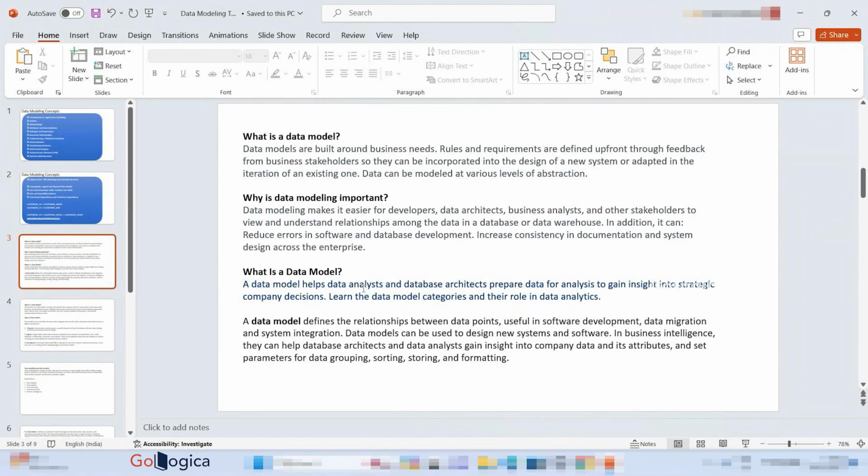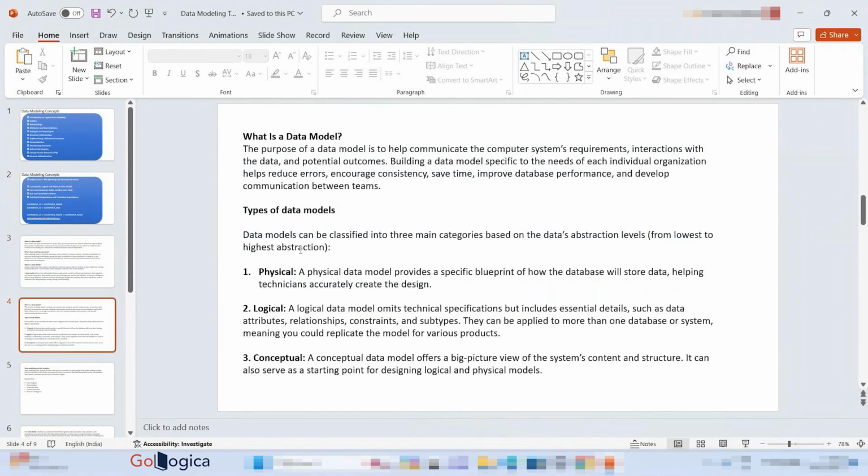So similarly it is written. Go to the next slide. So what is the purpose of a data model? To communicate the system requirements, interactions with the data, and the potential outcomes.